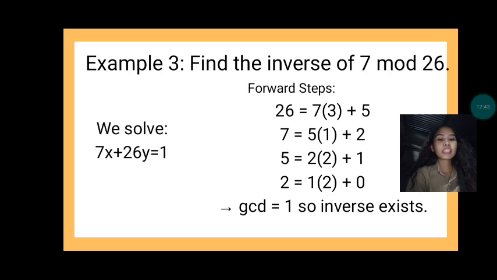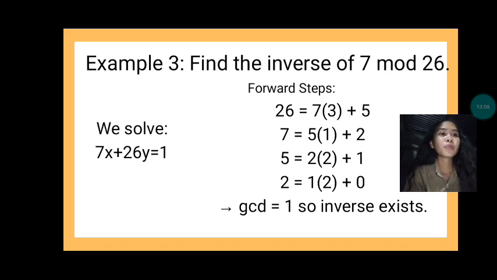And our GCD is equal to 1, which means that the inverse exists, everyone.